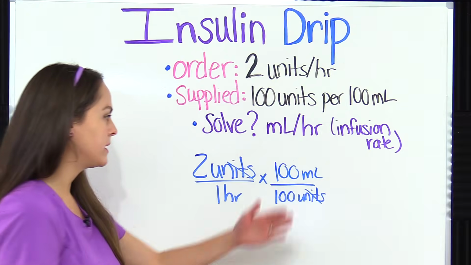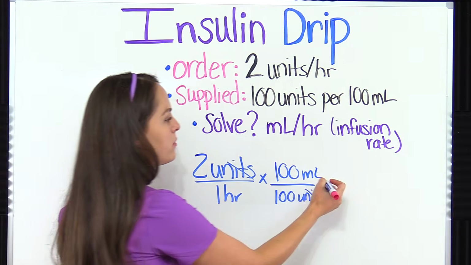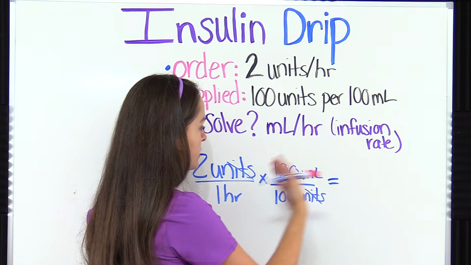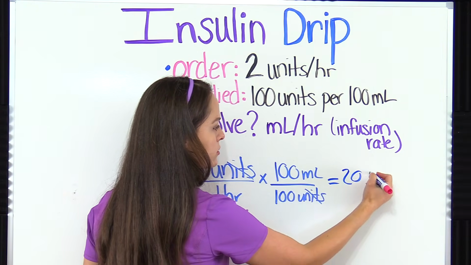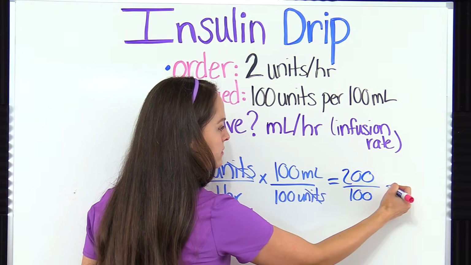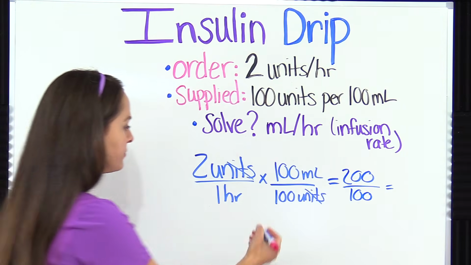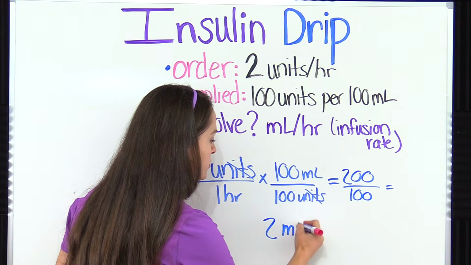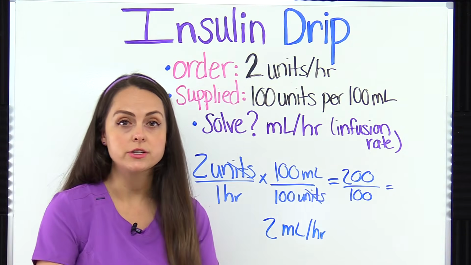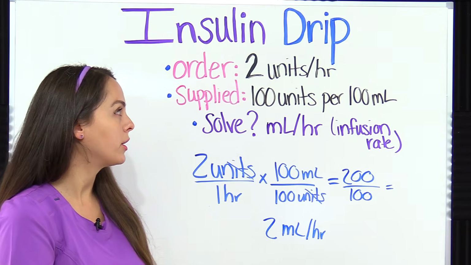And we're where we need to be, milliliters per hour. So we're going to multiply everything at the top, everything at the bottom, and then divide. So 2 times 100 is 200, and then 1 times 100 is 100. And then when you divide that out, you get 2. So the answer is 2 milliliters per hour is what we're going to set our pump at, so our patient receives 2 units per hour.